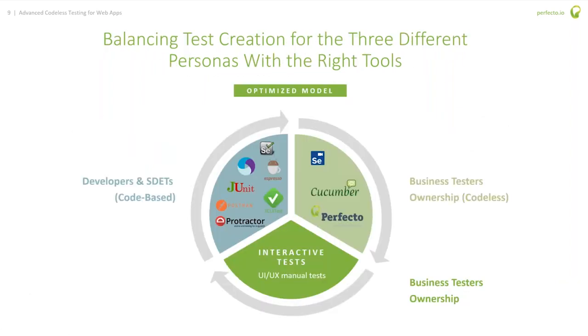It's very simple to visualize these three personas collaborating and working together when we match this process also with their skill set and technology. And this is where Perfecto Codeless, and frameworks like Cucumber or BDD, and Perfecto also has the Quantum BDD framework to support this objective, come into play.